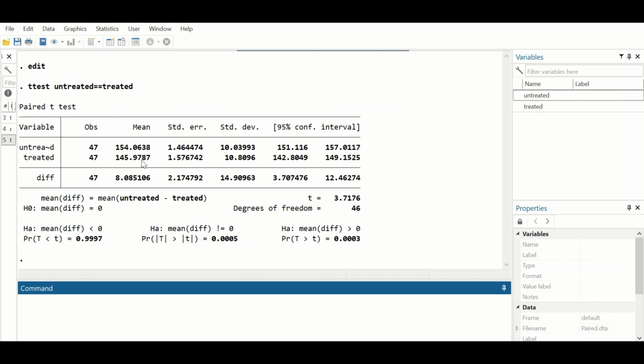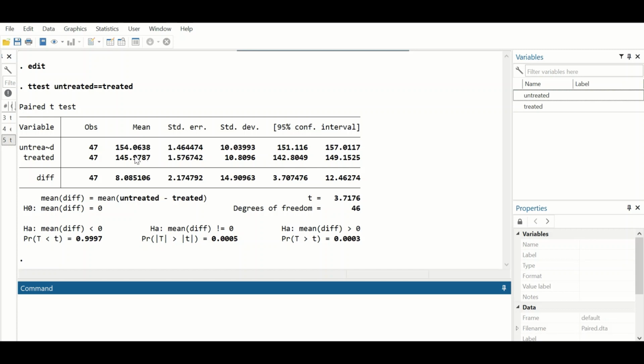A standard error is also given here for both the untreated and treated, and the standard deviation for the untreated is 10 and for the treated is 10.8. Also a 95% confidence interval is generated for the untreated and the treated data.